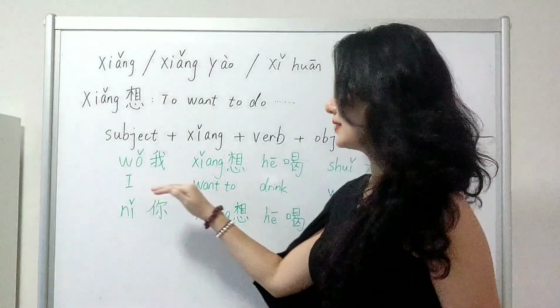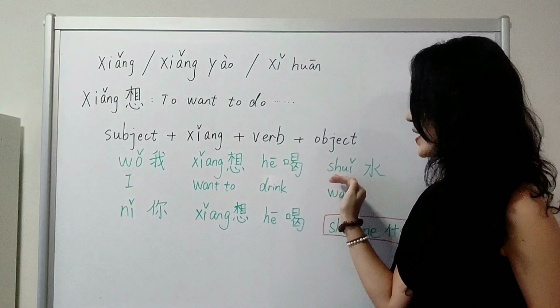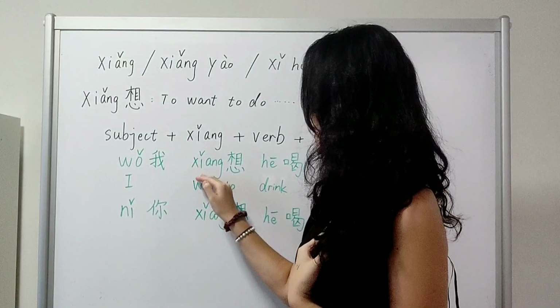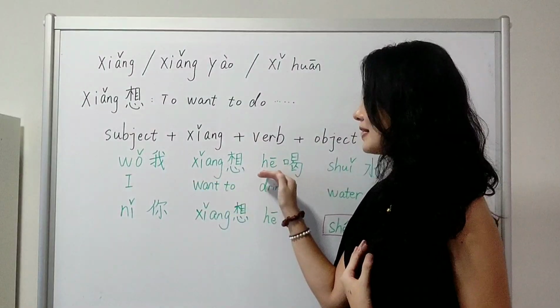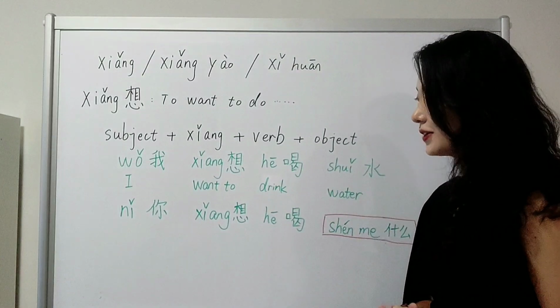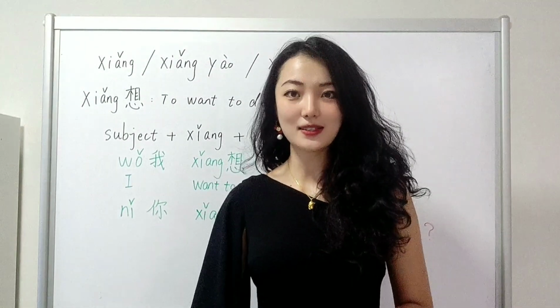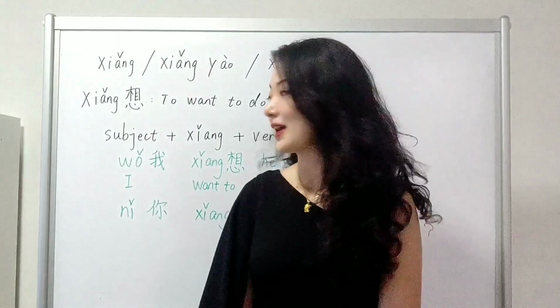我想喝水。想 means to want to do something. 喝 is the verb here, to drink. 水, water. So 我想喝水 just means I want to drink water.